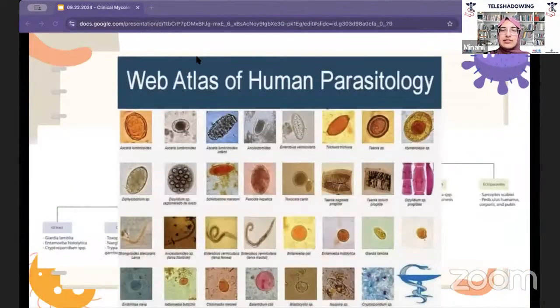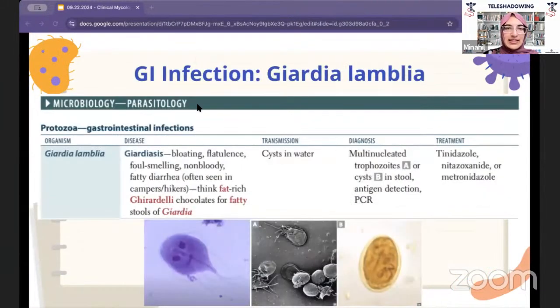As an infectious disease doctor, you're the specialist for treating fungi, parasites, all the different bacterial infections, and combating antimicrobial resistance. With that said, I'm now going to switch gears and talk about those three parasites I chose to highlight today. But remember, there is a whole plethora of them.